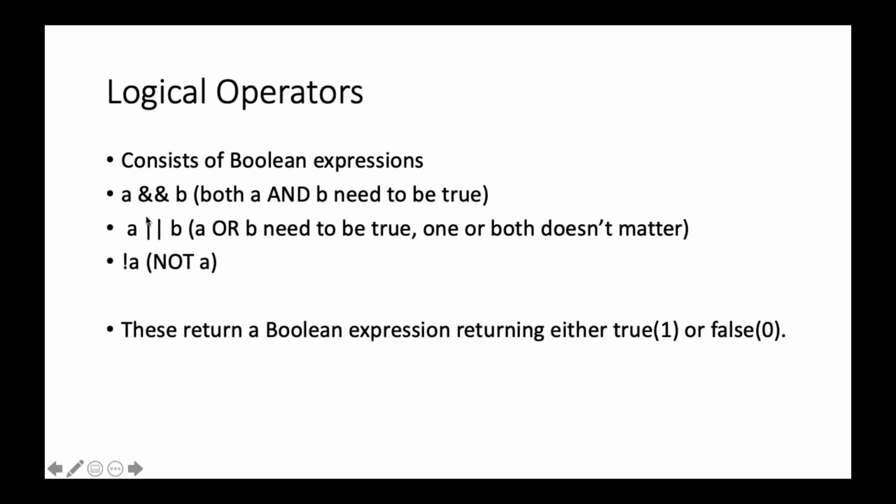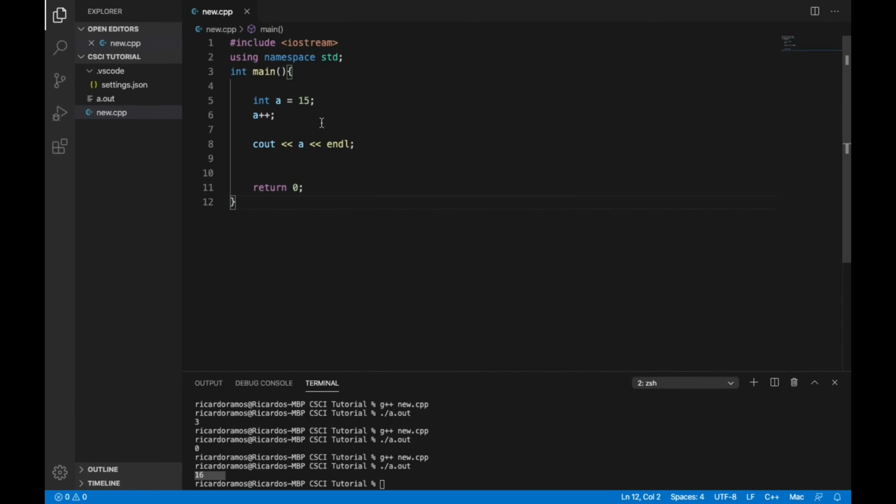These two straight lines are OR, so only one of these conditions would need to be true. And like I said before, the Boolean expressions return a 1 or 0 corresponding to true or false. So if we had integer a, let's change that to 7, and we had integer b.